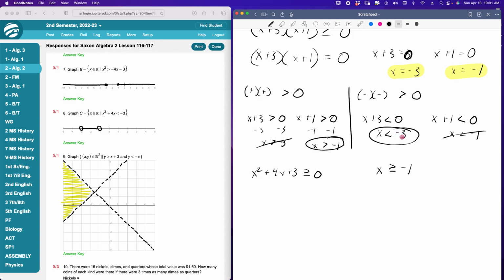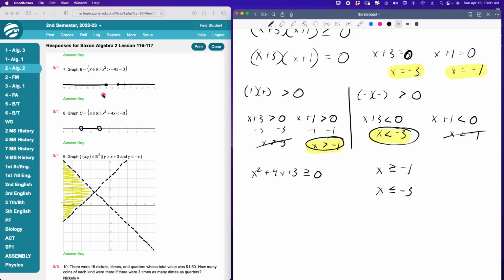And we're going to combine this one and this one because x is both equal to and less than negative 3. These are our true statements. We combined the negative 1 statements and the negative 3 statements because they have the same integer value.